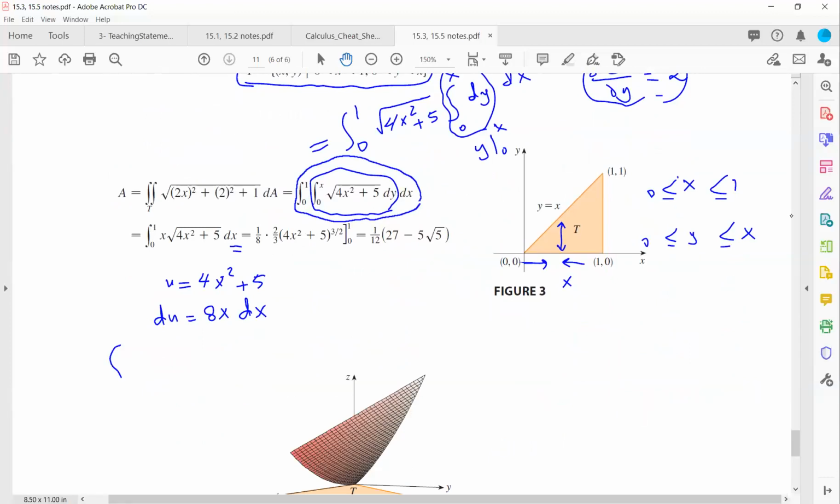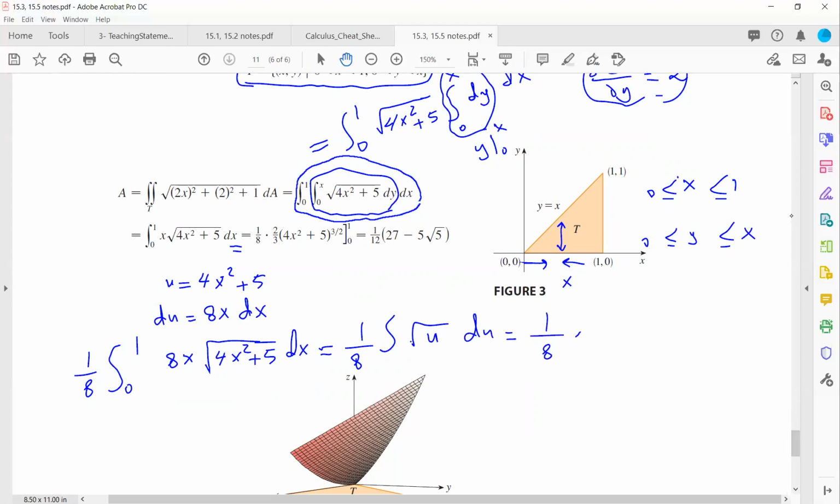So here you have the integral 0 to 1, 1 over 8, 8x square root of 4x squared plus 5 dx, which is 1 over 8 the integral of square root of u du, which is 1 over 8 times 1 over 1 plus a half, u to the 1 plus a half, which is equal to 1 over 8 times 2/3 times u to the 3/2.